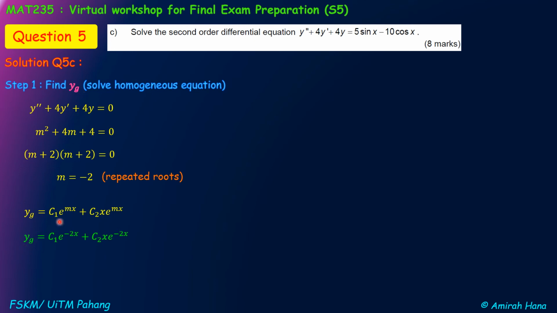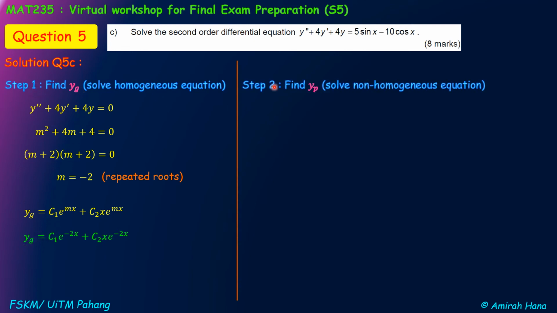After we find yg, we continue with step 2, find yp. To find yp, we need to solve the non-homogeneous equation. Non-homogeneous equation means the right hand side does not equal 0. In this case, the right hand side equals 5 sin x minus 10 cos x.